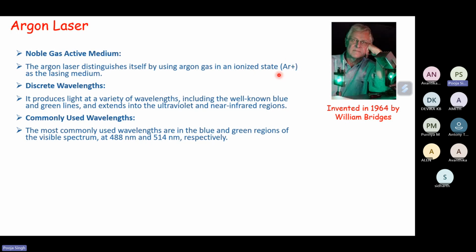What it does is the argon undergoes an excited state in the Ar+ oxidation state, and it produces light in the form of green color. You can see this green color, and the wavelength range goes beyond ultraviolet and into the near infrared region, so a higher range of wavelengths can be obtained.